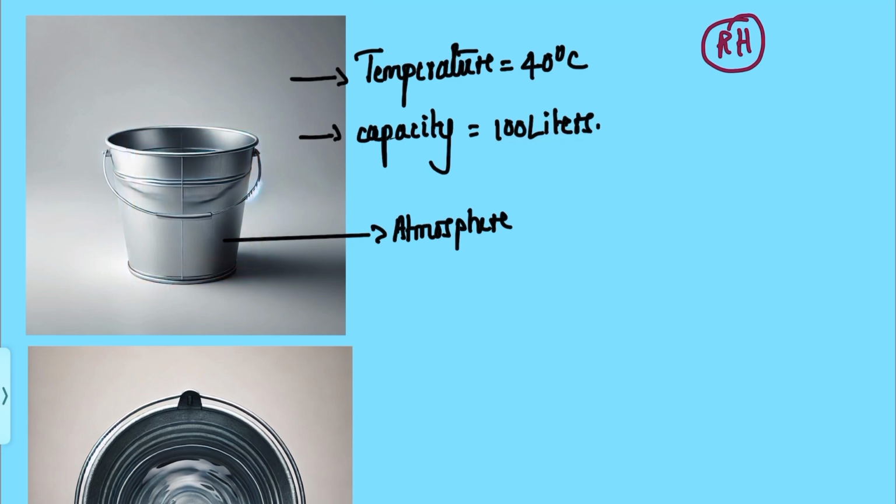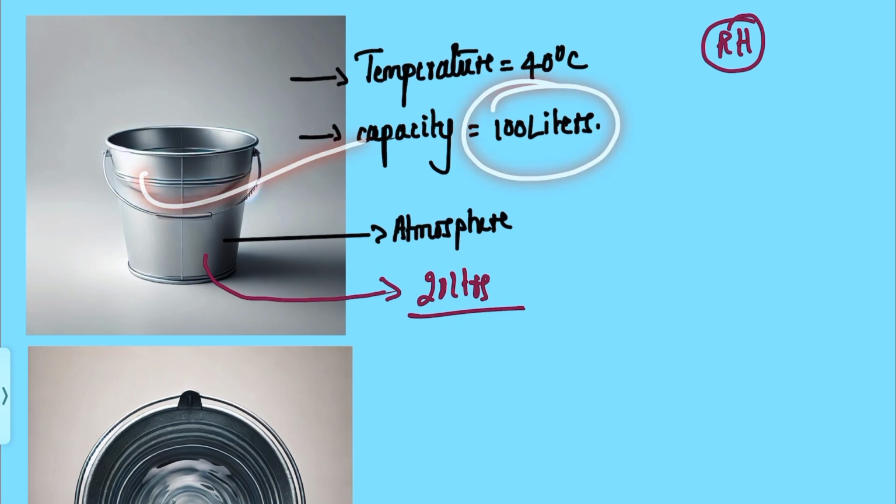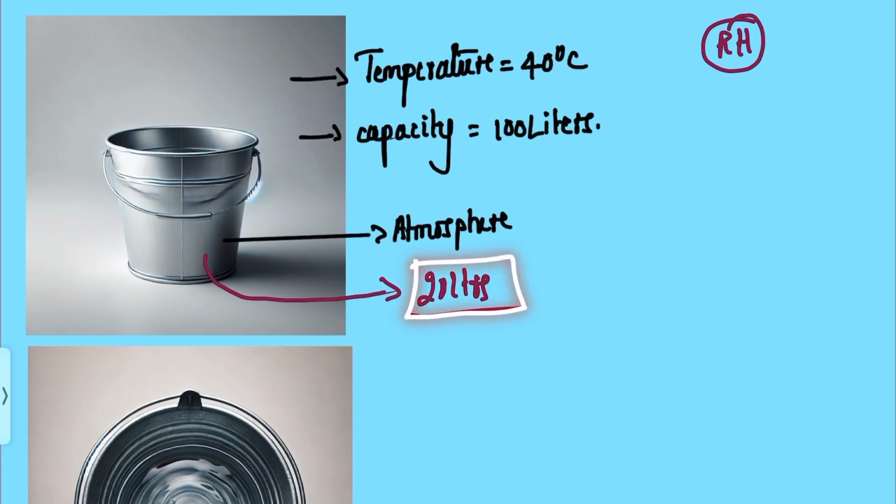Now, let's say this bucket currently has 20 liters of water. Fine. Now, what is the water holding capacity of this bucket? 100 liters. And what is the current amount of water which is present in this bucket? 20 liters.